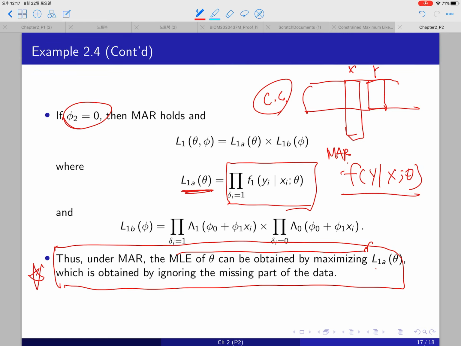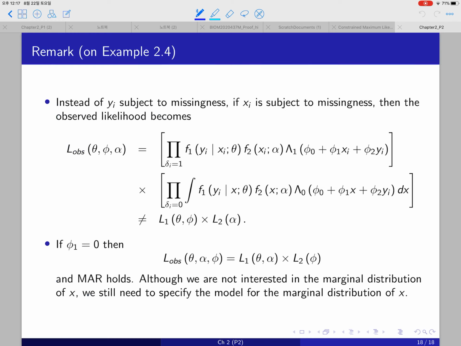Removing the partial observations is okay. It does not make any loss of efficiency for the regression. If the parameter of interest is the regression coefficient and y is subject to missing at random, then no problem.